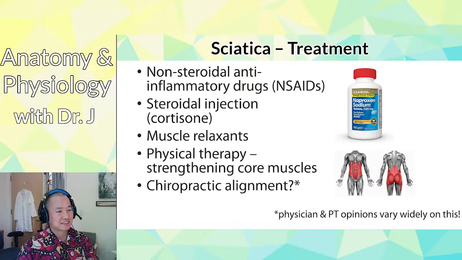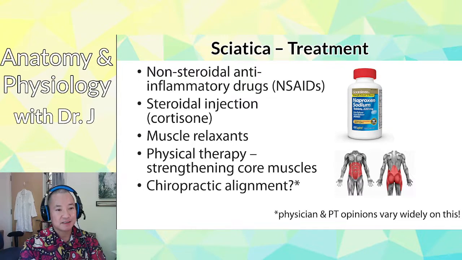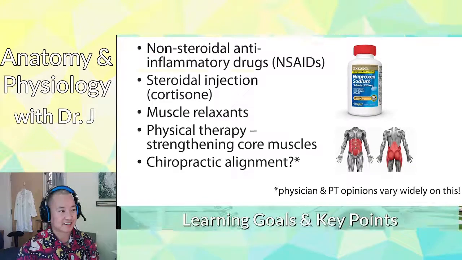Do I have strong opinions on this? Not really. Physicians and physical therapists have varying opinions. But the people who believe in it think that by doing chiropractic and moving things around, they could move the sciatic nerve into a position that's less compressed to help with the person's symptoms of sciatica.